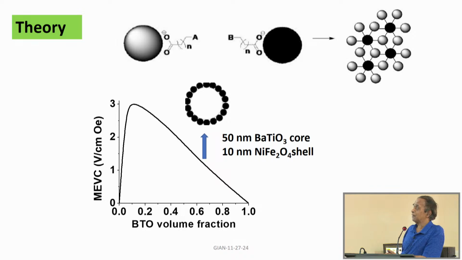Once again, these numbers were obtained for parameters that are good for bulk materials, not for nanomaterials. So these numbers are highly misleading because we didn't know the magnetostriction and piezoelectric coefficients for nanoparticles. That's the shortcoming in this model. But in any case, the theory predicted strong interactions, and that was the driving force behind doing these experiments.